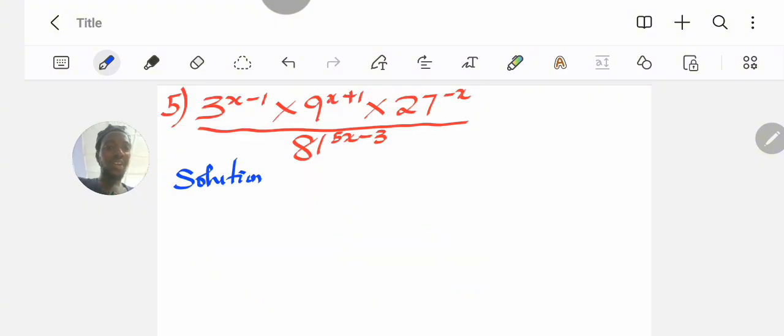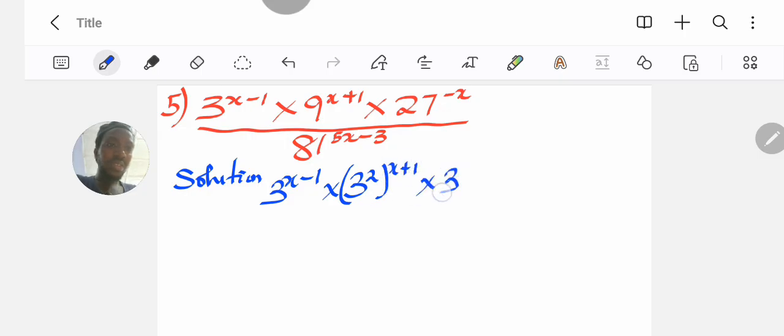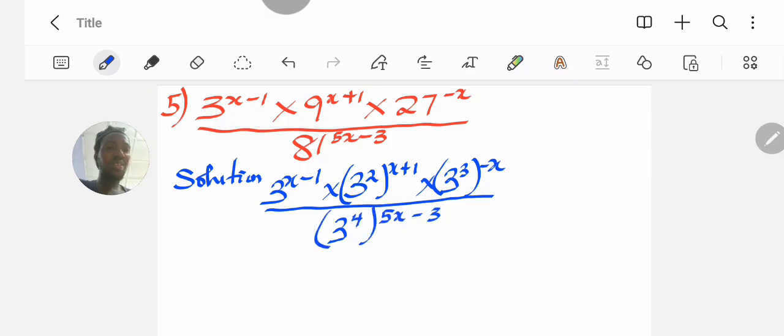Okay, so question 5, we've been asked to simplify it. So right away, let's change everything to base 3. This is 3 raised to the power x minus 1, times 9, which is 3 raised to the power of 2x plus 1, times 27, which is 3 raised to the power of 3 minus x, over 81, which is 3 raised to the power of 4, 5x minus 3.